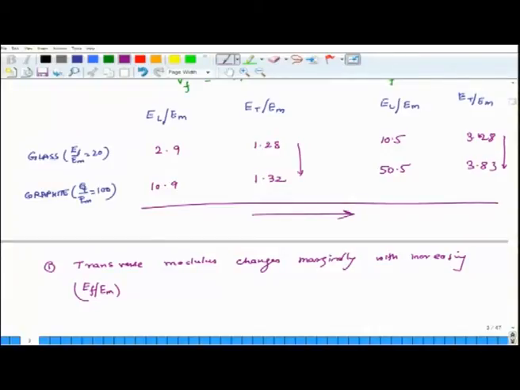So, we say that transverse modulus is moderately sensitive to changes in volume fraction of the fiber.